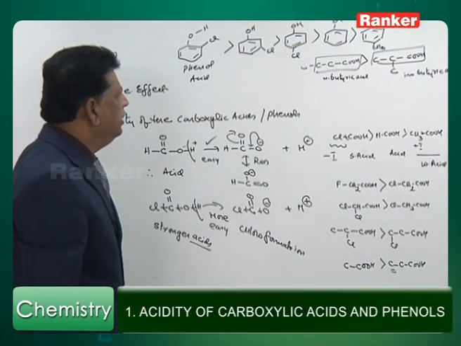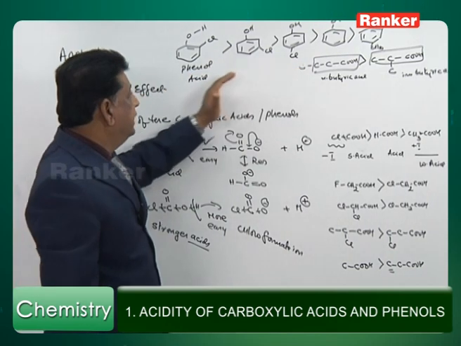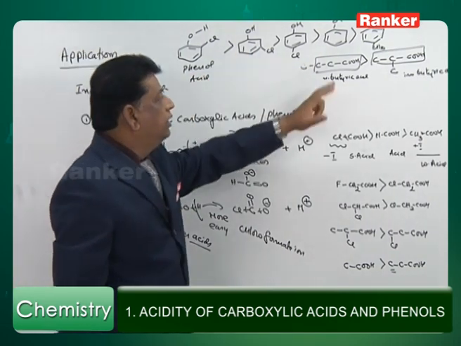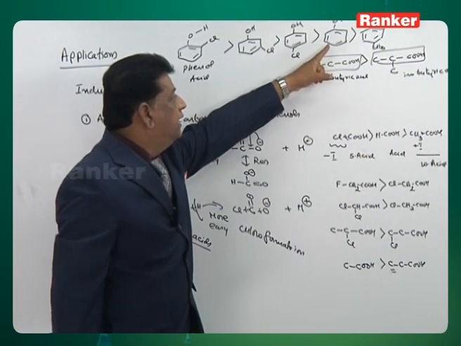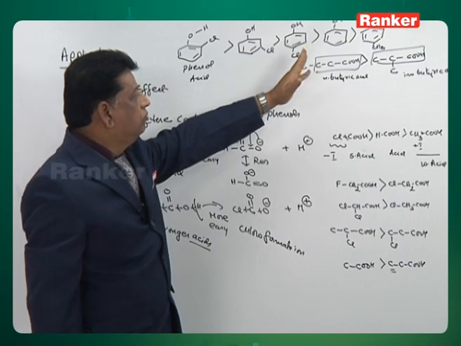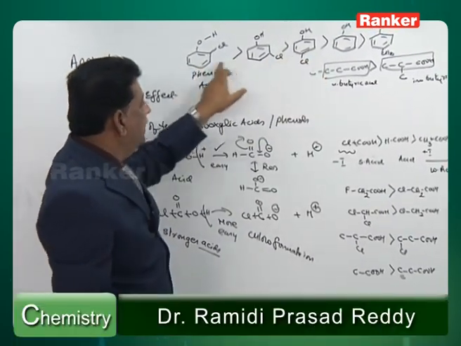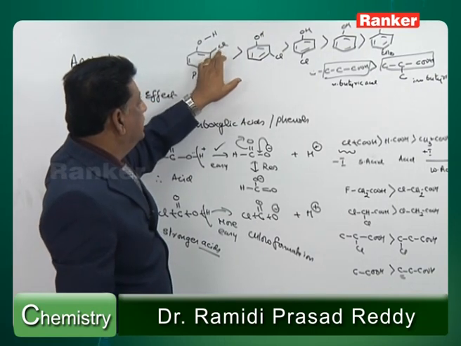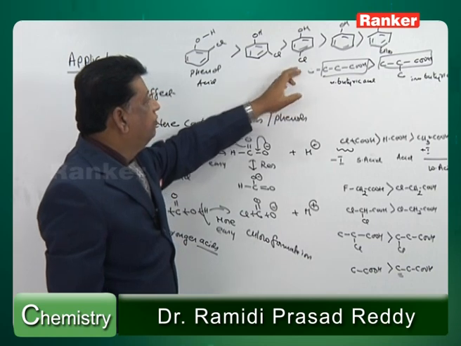Just based on the inductive effect, all these three are -I groups, so they are stronger than phenol. That is a +I group, weaker than phenol. Whereas in this one there is no donating or withdrawing, it is taken as the standard. In this, the group which is closer is stronger, a little away is weaker, much further away is weaker still.